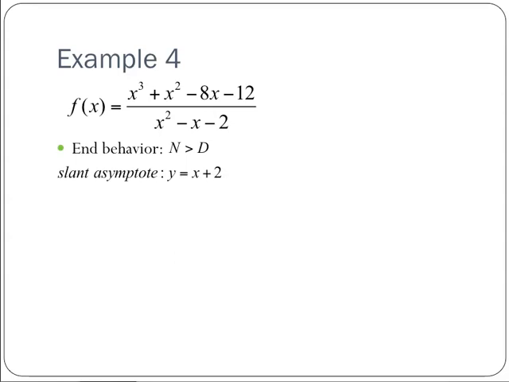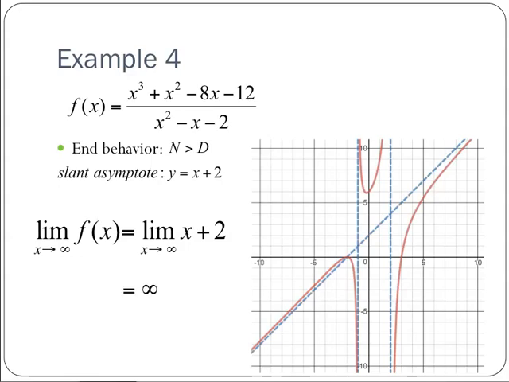Now when we talk about the limit of the function, this is going to be the same as the limit of that slant asymptote, so I'm going to replace this with x plus 2. If you plug in infinity into this equation, you would have infinity plus 2, which is equal to infinity. And if you look at the graph itself, remember this is a slant asymptote.